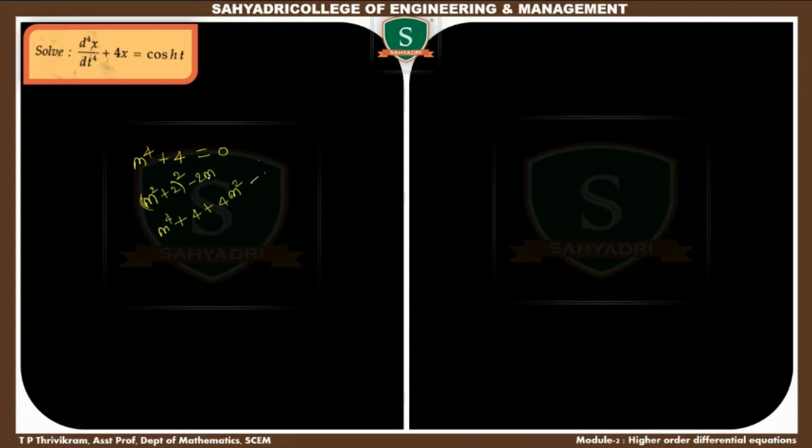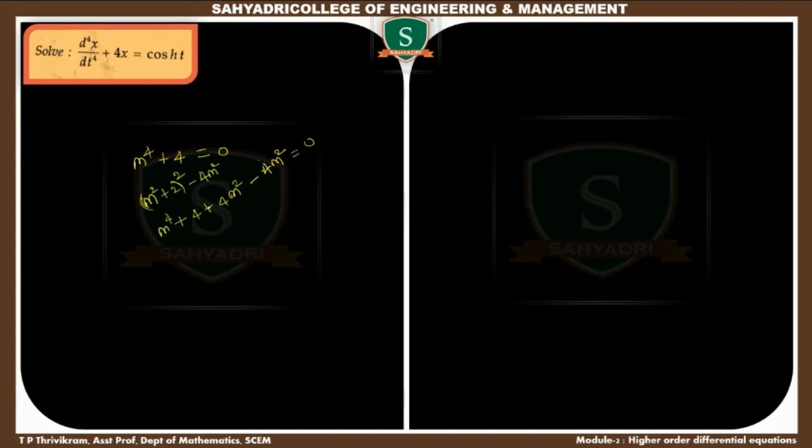To equate this, I should get here minus 4m square equal to 0. So this combination you have to take for solving this kind of equation.